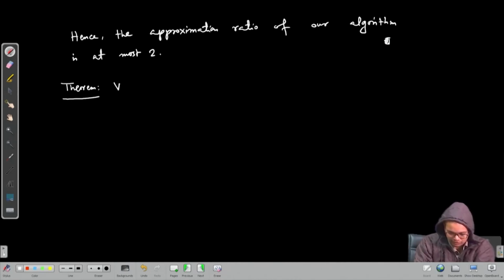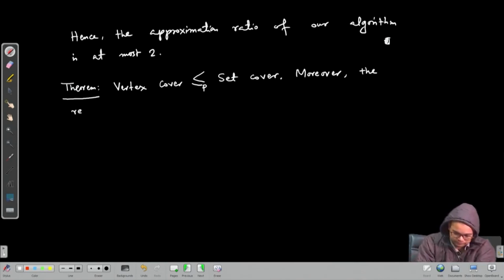Theorem: vertex cover reduces in polynomial time to set cover, and moreover, the reduction is approximation preserving.